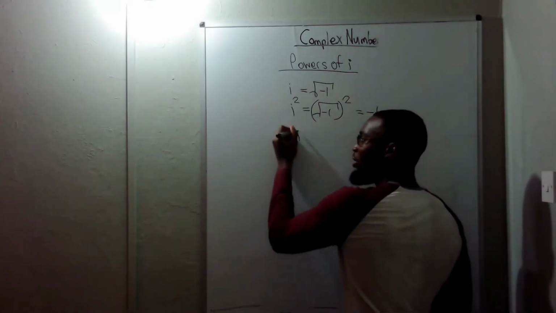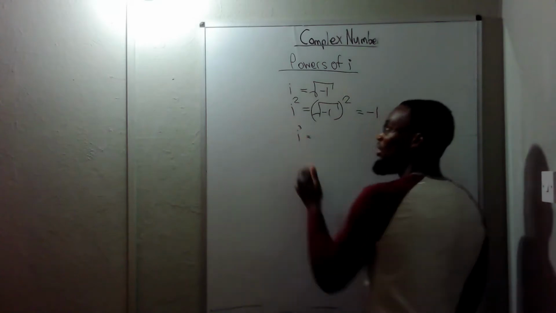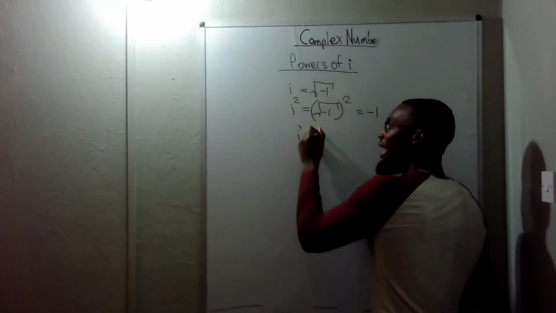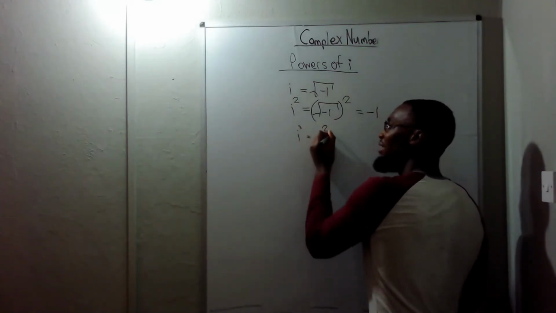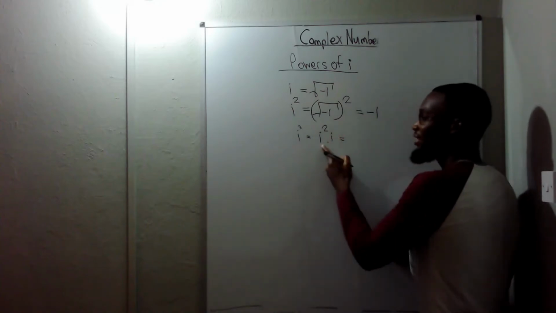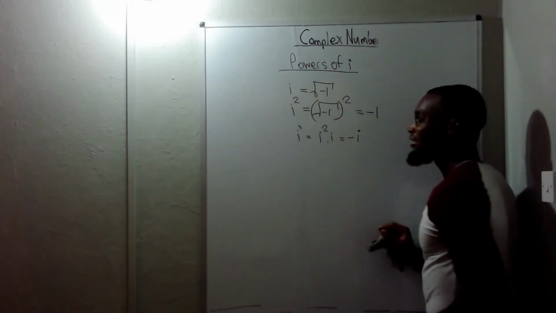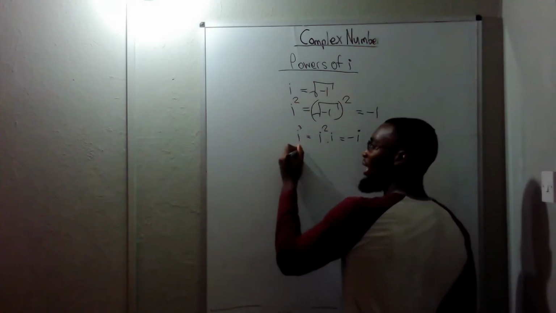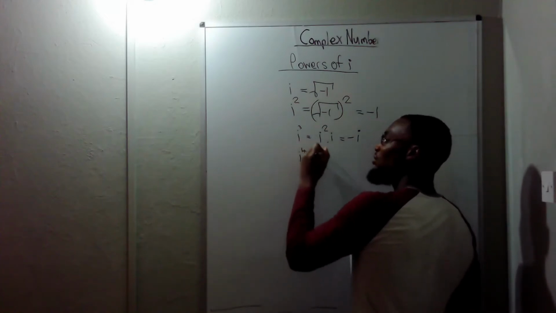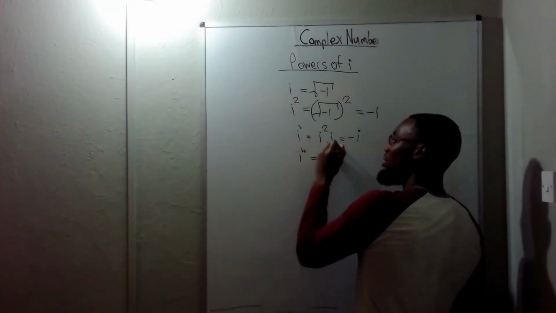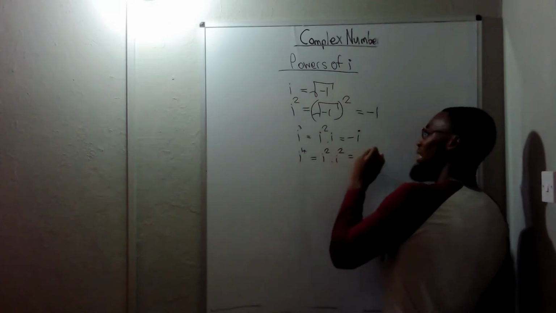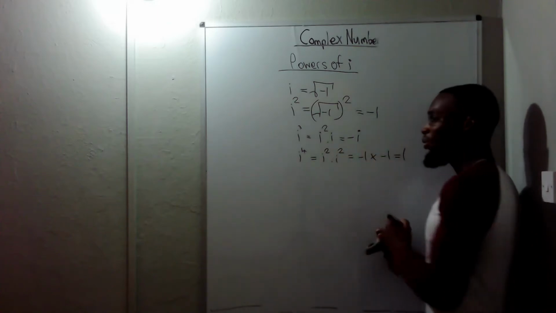Now what about i cubed? i cubed is going to be i squared times i. i squared is negative 1, and negative 1 times i is minus i. What about i to the 4? i to the 4 is i squared times i squared. So that's minus 1 times minus 1, which is 1.